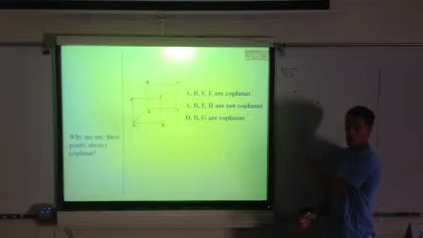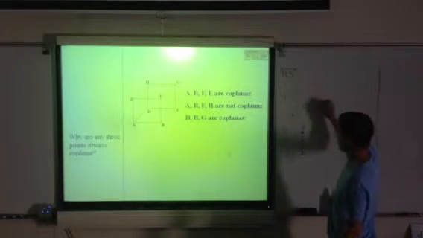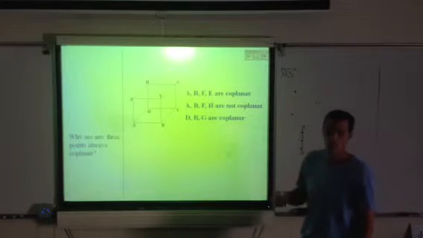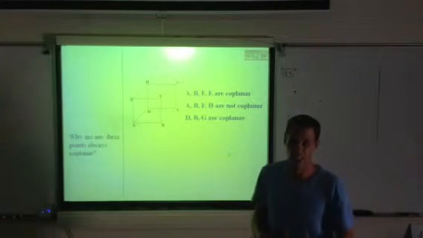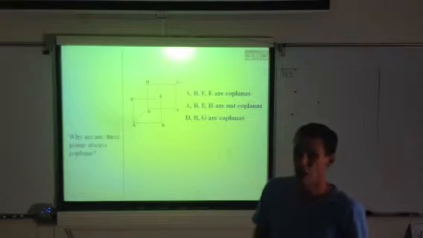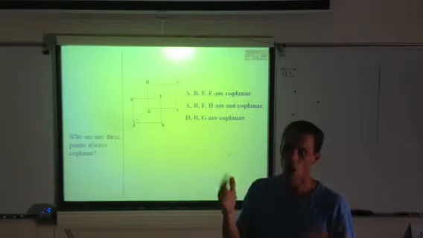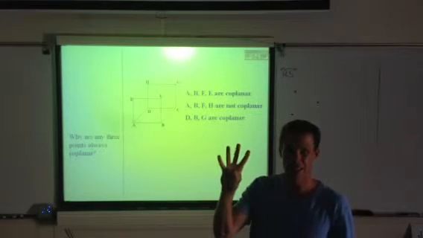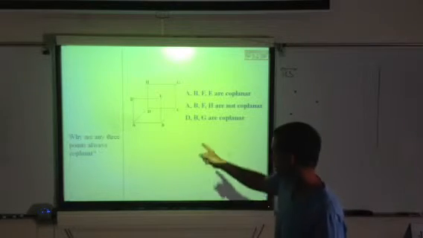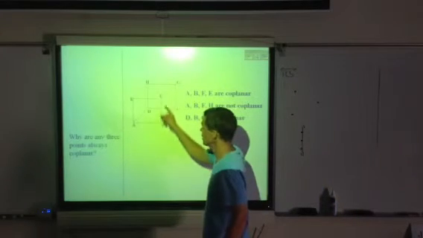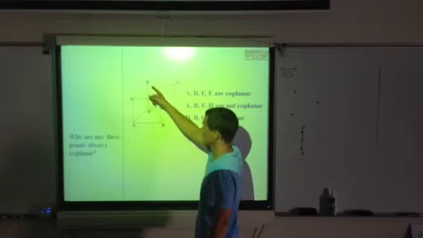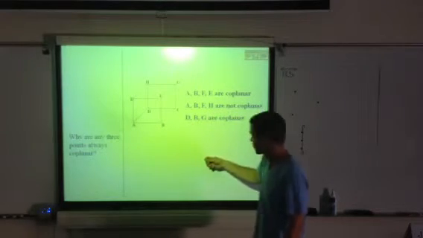So 3 points, definitely coplanar. If the 3 points are not collinear, well then they form a triangle and they are coplanar. So no matter what, 3 points, always coplanar. 4 points, sometimes. Sometimes they are, sometimes they're not.